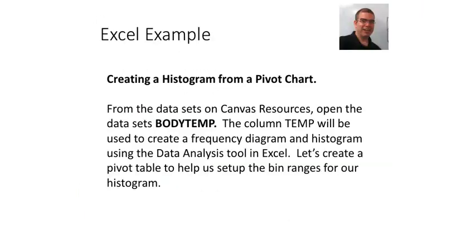So let's do a histogram in Excel from our pivot chart tool. I'm going to open up another data set, this time the body temp data set. This column is the numerical data that we want to use. Now, we can use a data analysis tool in Excel, but let's do this first.